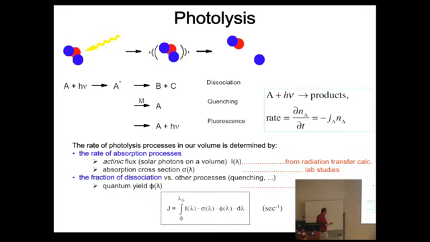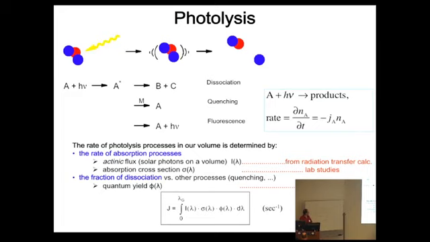And then you can write down what the J should be from an integral over the actinic flux, which is a term from photochemistry. It means the solar photons that are acting on a volume to drive the photolysis. So these things are from the lab.